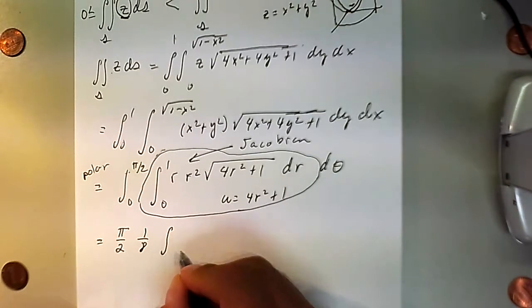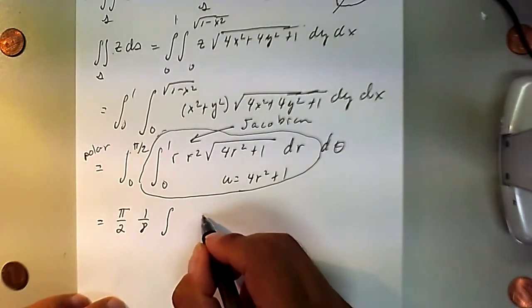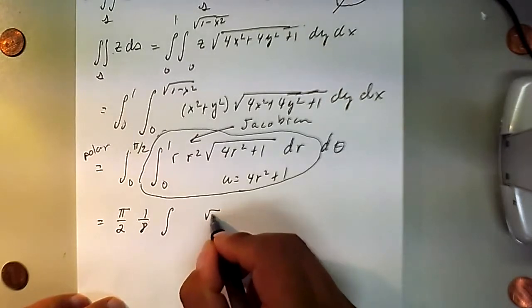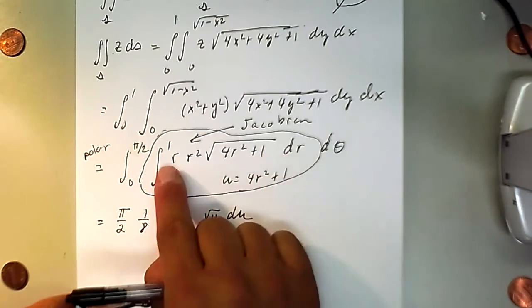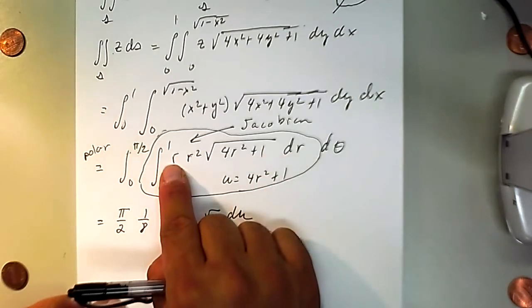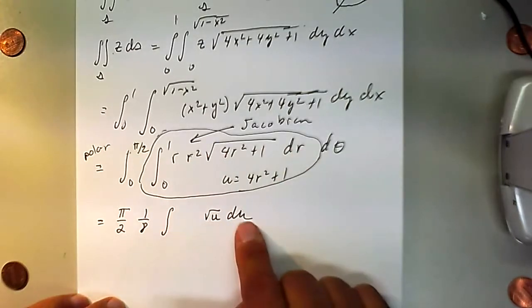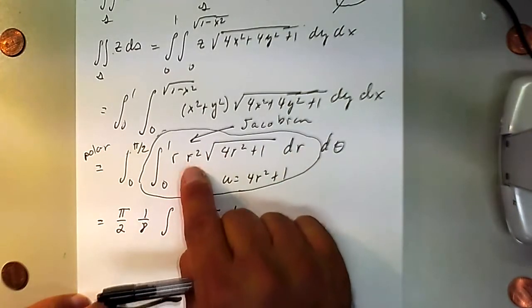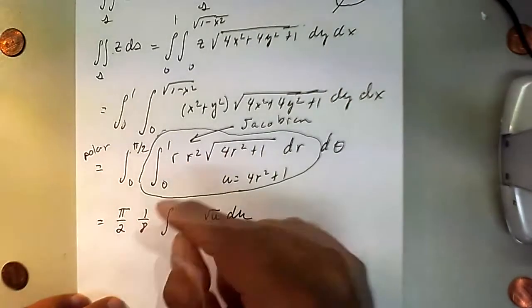And now we got the integral of the square root of u du, that takes care of the root. This r of the Jacobian is taken care of with dr and the 8 to make the du. But we still have an extra r squared.